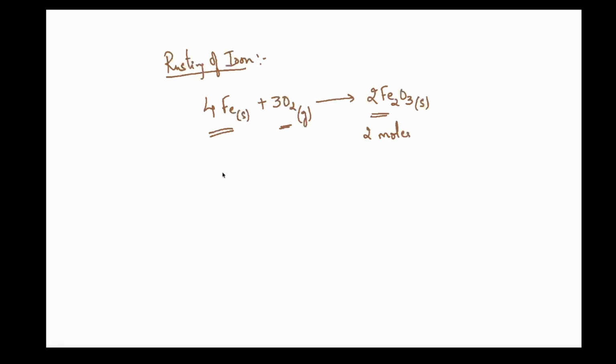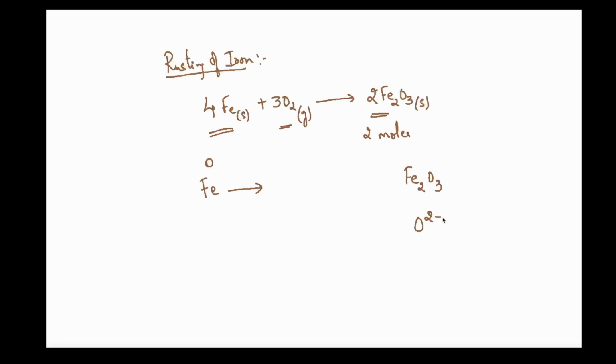So if you look at iron here, there are 4 moles of iron atom. Now iron does not have any charge on it, so the charge is 0. Now if you look here, which is Fe2O3, we know that oxygen usually exists as the oxide ion, which is O2 minus.